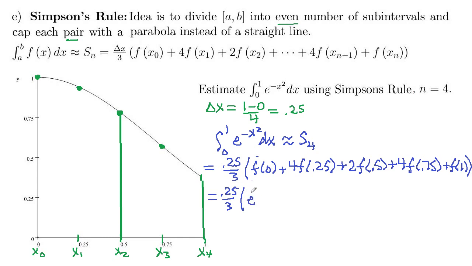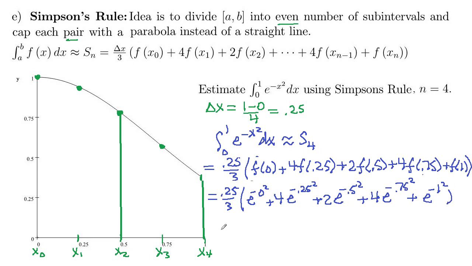So you get e to the negative of 0 squared, plus 4 times e to the negative of 0.25 squared, plus 2 times e to the negative of 0.5 squared, plus 4 times e to the negative of 0.75 squared, and plus plug in 1, which would be e to the negative of 1 squared. Square before you take the negative.